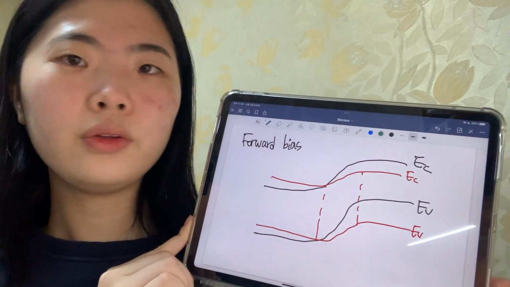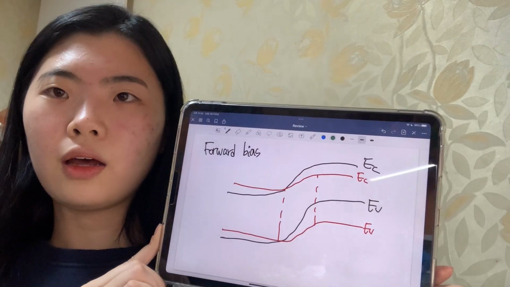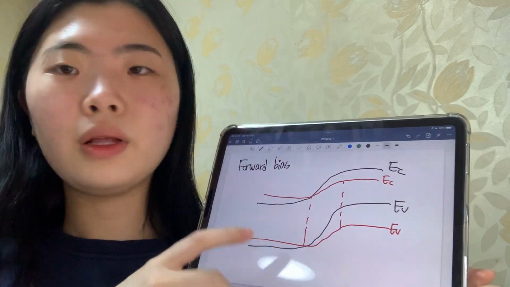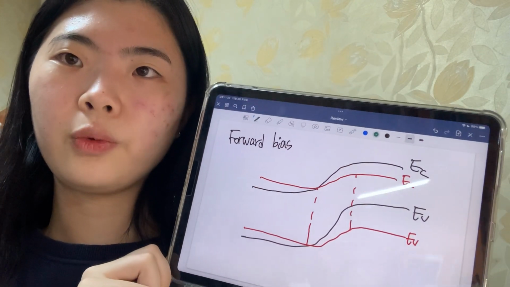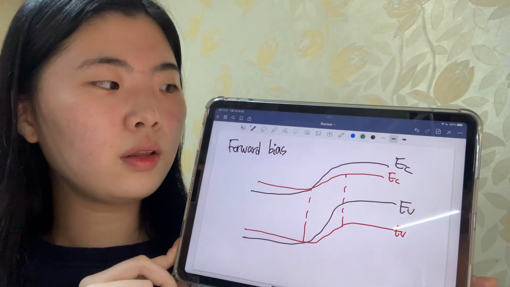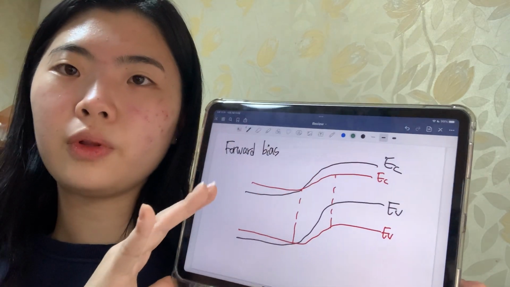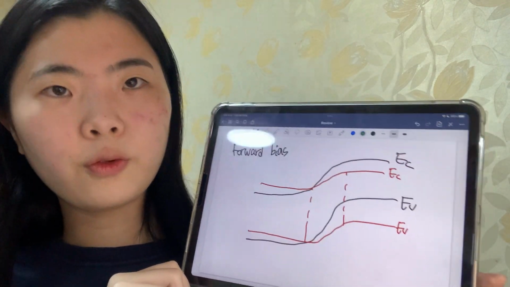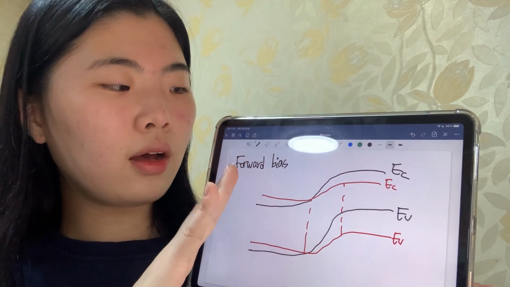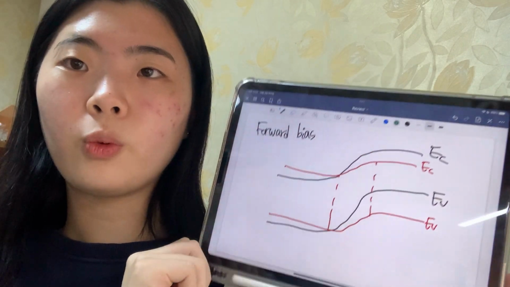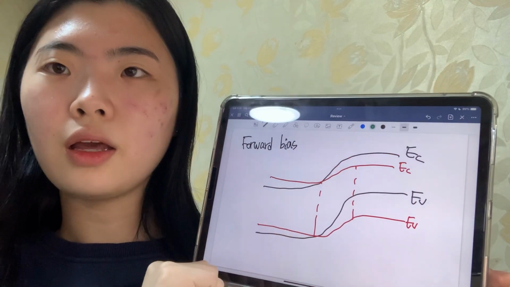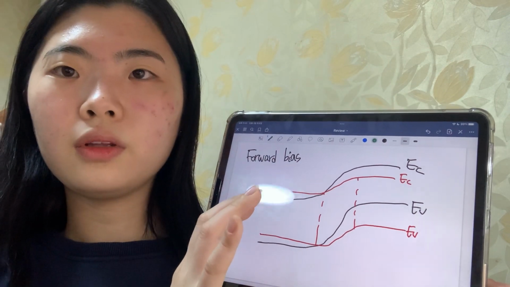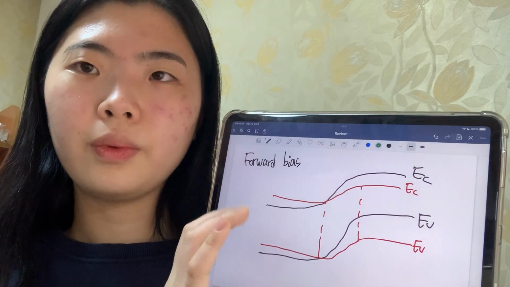Then let's talk about forward bias. If we apply forward bias, the built-in potential energy will be smaller, so the energy band diagram will be drawn like this. The red line is after we apply the forward bias. When we apply forward bias, the depletion layer width will be shorter and the height will be smaller.